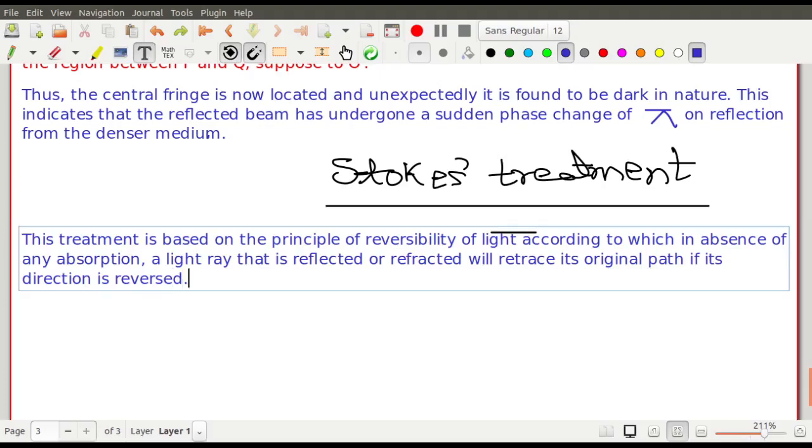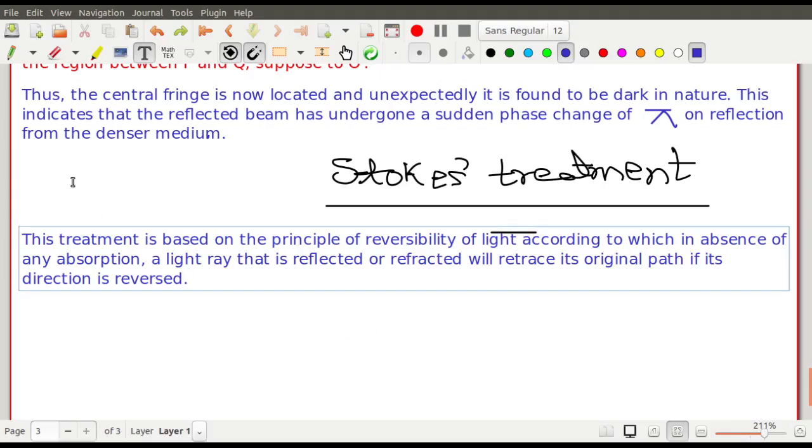Got it? This treatment is based on the principle of reversibility of light, according to which in absence of any absorption, a light ray that is reflected or refracted will retrace its original path if its direction is reversed.